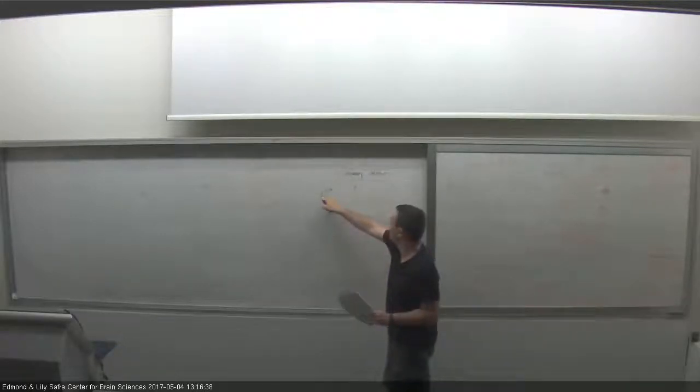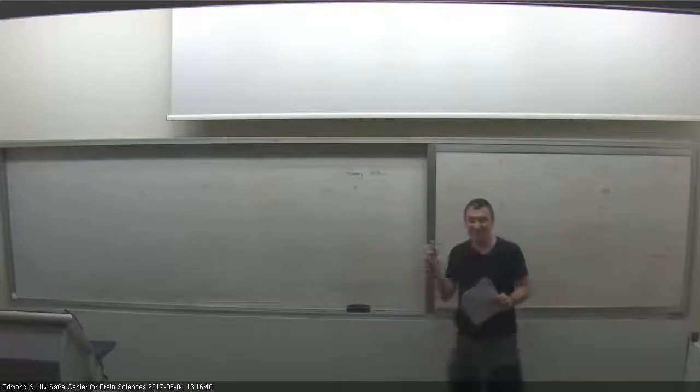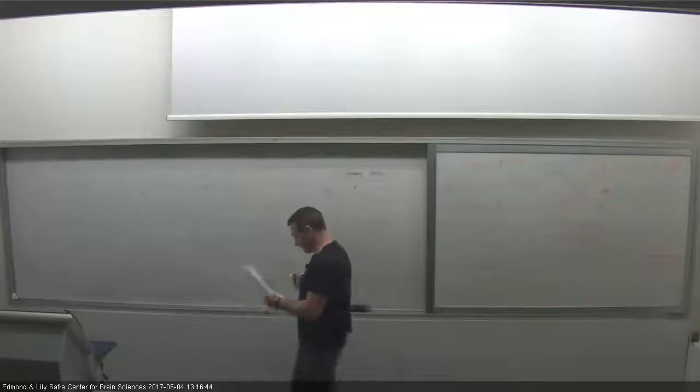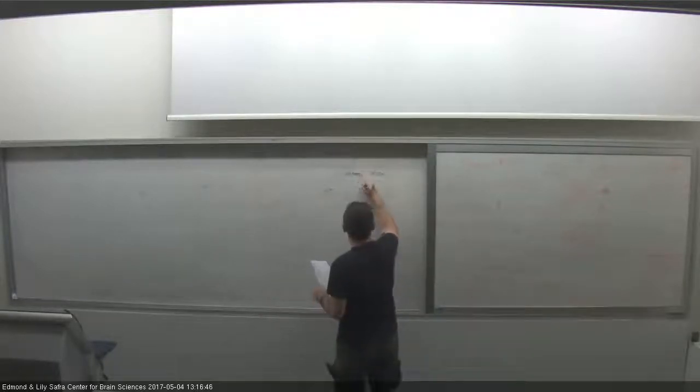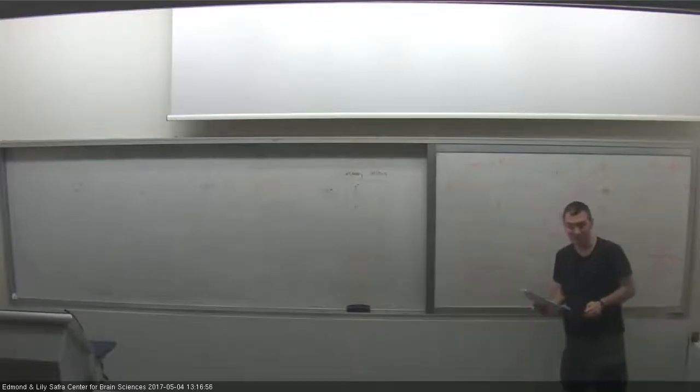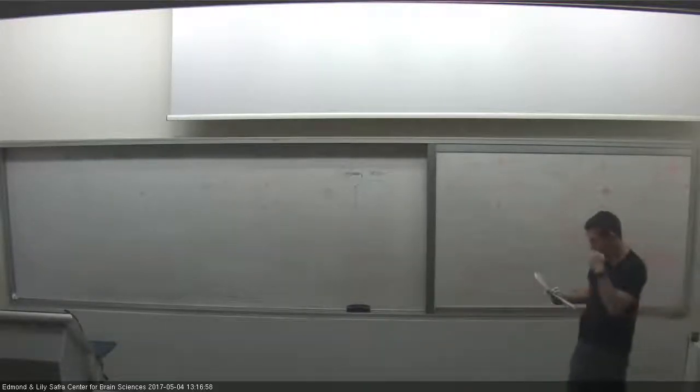The notation is P mu, where the index mu is the index of the memory pattern. This is just a pattern of activity of all neurons in the network: P1 mu, P2 mu, to Pn mu. This is one memory pattern.